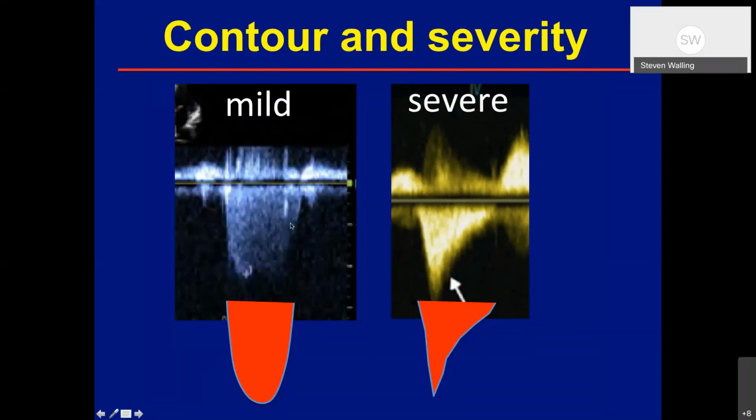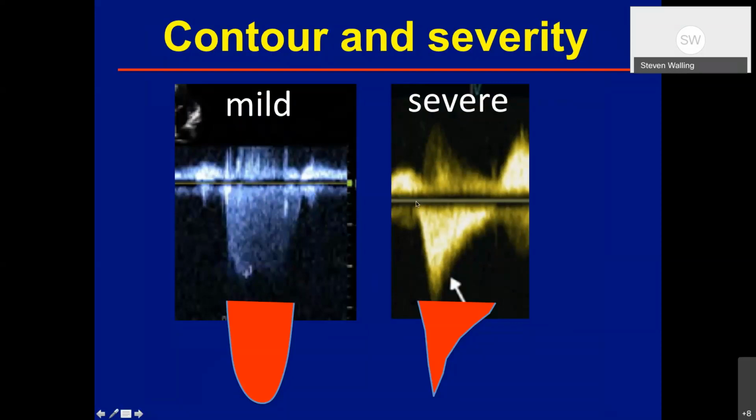The same mechanism you want to think about, but it's the opposite in the right side of the heart. When the TR jet is rounded, you know this is a small hole and it's relatively mild regurgitation.